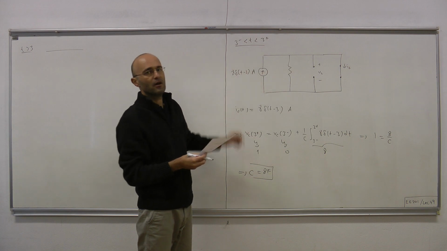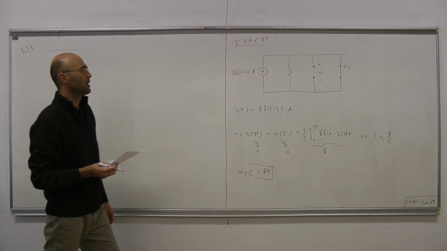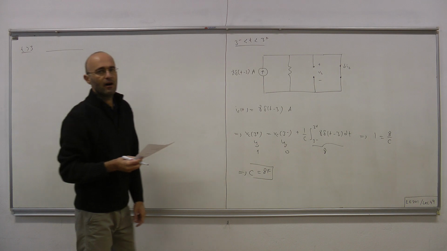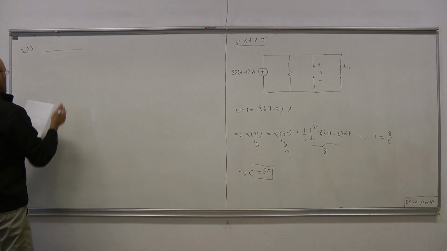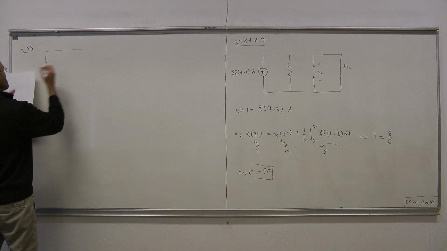In other words, we can just take it out of the circuit, and the circuit then becomes a homogeneous parallel RLC circuit.